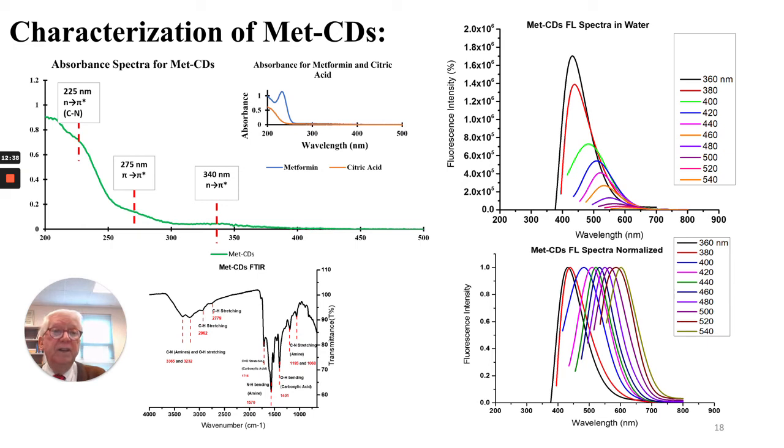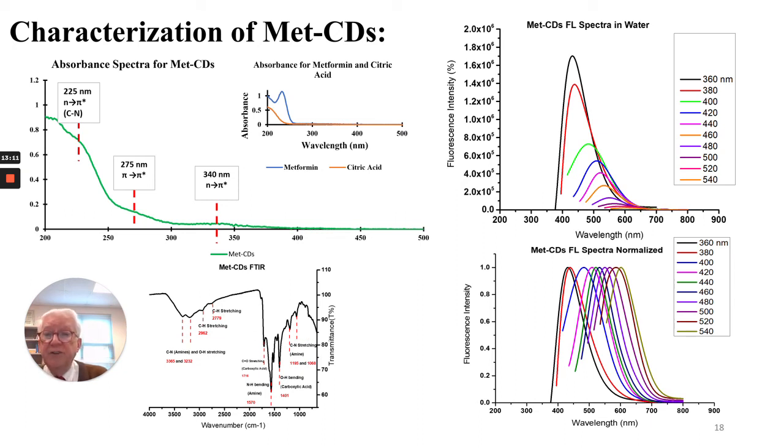Saying that, we can see also for the fluorescence, looking at the normalization at the bottom on the right side of this slide, that this is excitation wavelength dependent. So exciting from 360 to 540, we have a shift of the emission from roughly 450 to around 650 nanometer. And finally, we use the Fourier transform infrared spectroscopy to know about the functionality on the surface.